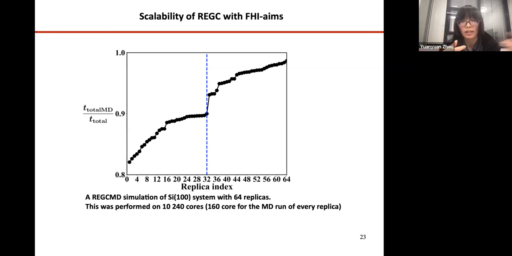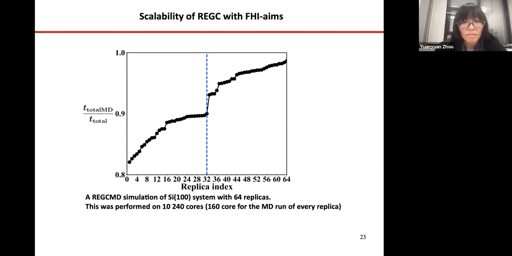It's changing. Some have high chemical potentials and insert a lot of particles. Some have low chemical potentials and may just stay as a pristine surface or clusters. So the number of particles is different.